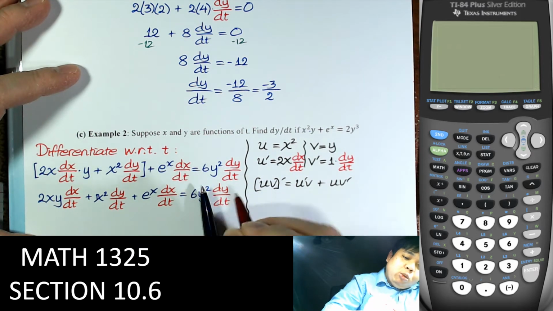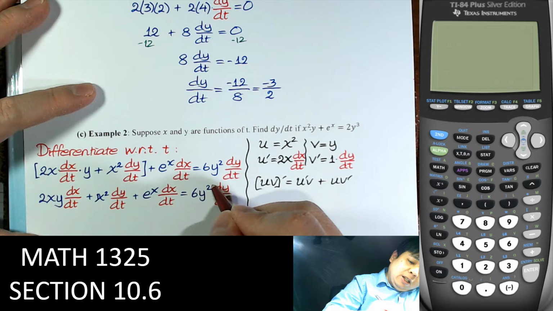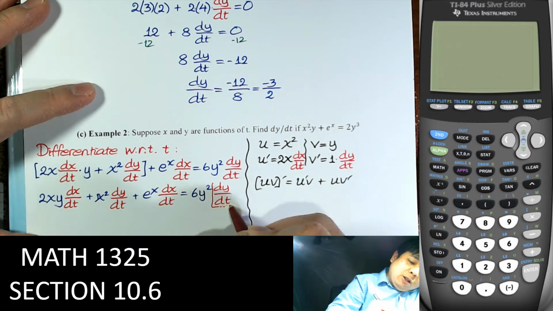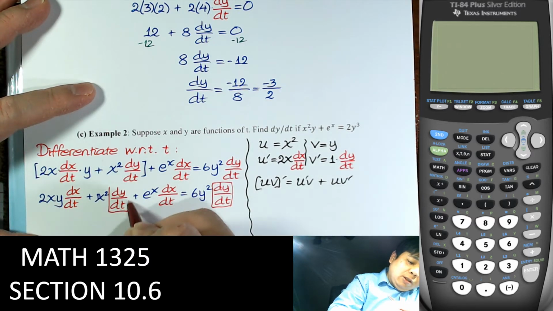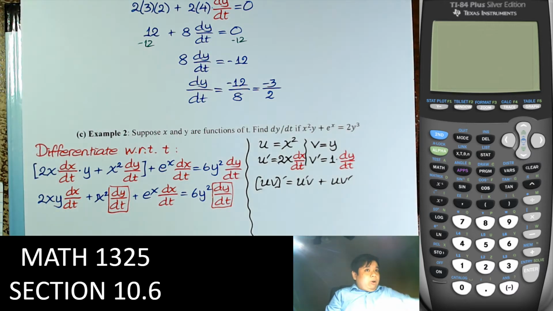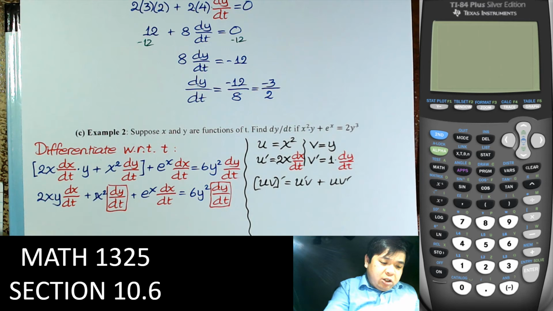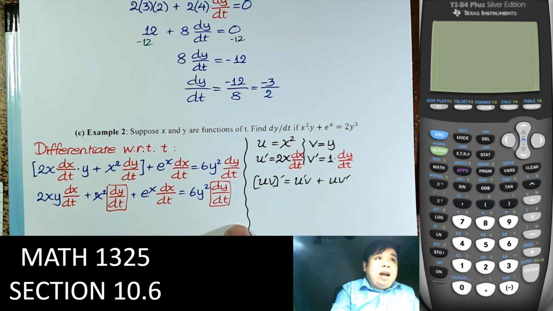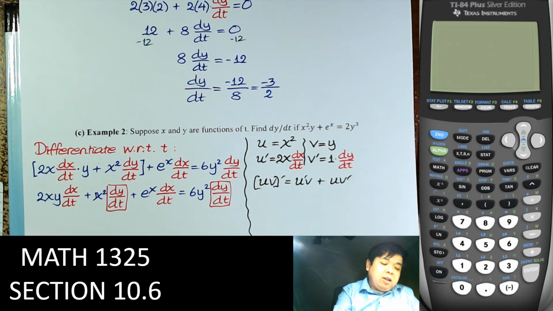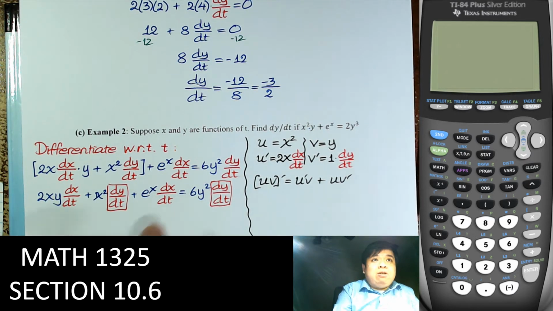Right, so in this problem we solve for dy over dt, which is this one and this one. For that we have to move all of the dy over dt terms to one side, so I'm just going to move this to the other side, and the dx over dt terms here will be easy. If we want to, we can factor out the dx over dt.